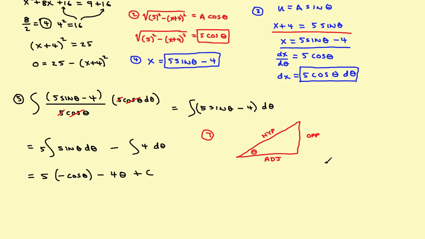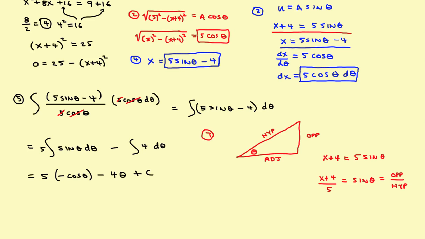So we'll come down here, and you've got x plus 4 is equal to 5 times the sine of theta. We'll divide both sides by 5, and you'd have x plus 4 divided by 5 is equal to the sine of theta. But just a reminder, the sine of theta is the opposite over the hypotenuse.